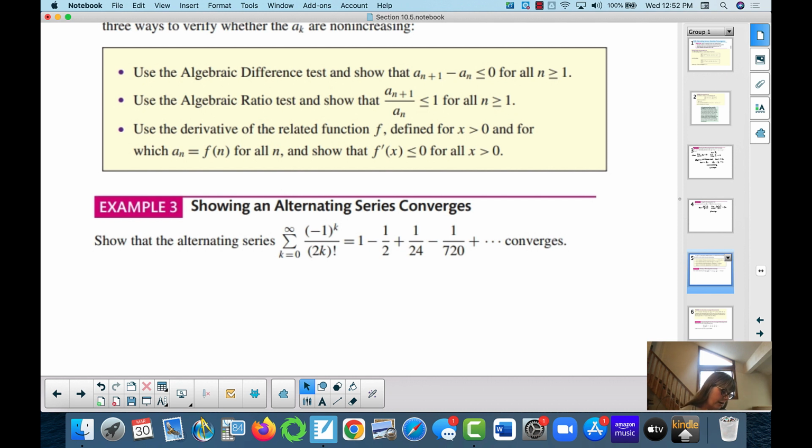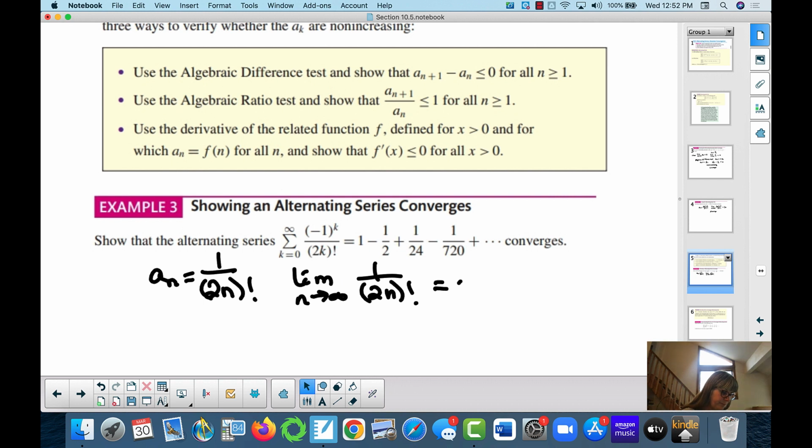So here our a sub n is 1 over 2n factorial. So the limit as n approaches infinity of 1 over 2n factorial is equal to 0. Again, we have 1 over a bigger and bigger number, so that limit is going to be 0.